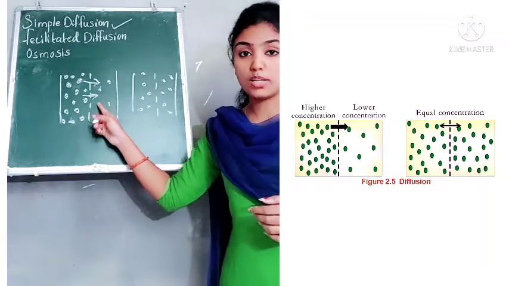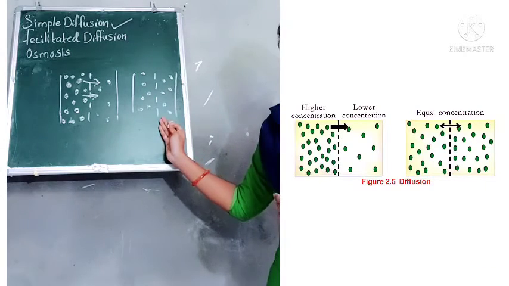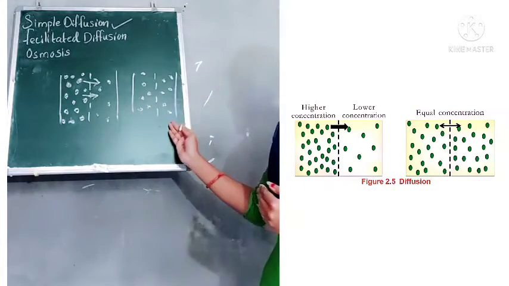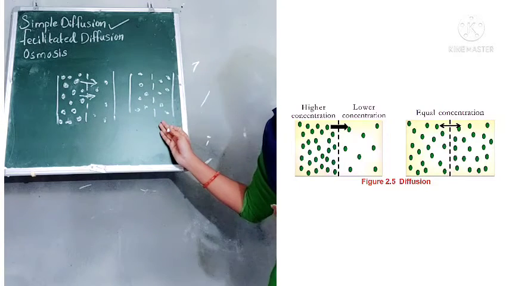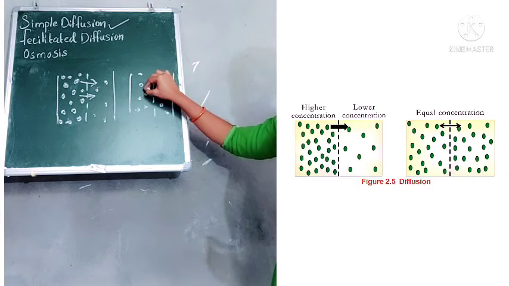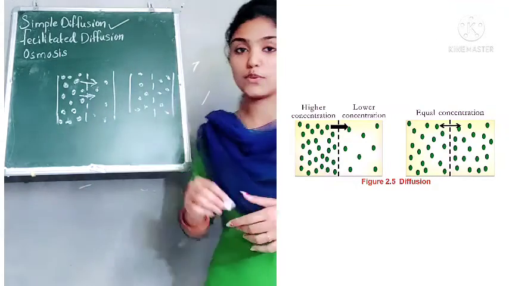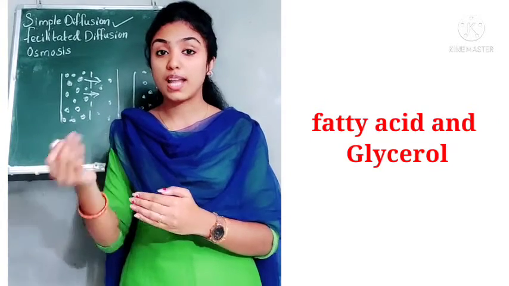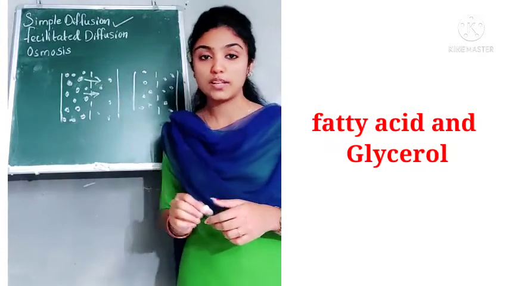The movement of molecules in simple diffusion stops when equilibrium occurs. Equilibrium means the same number of molecules in both regions. The absorption of glycerol and fatty acid into the lacteal takes place by this method, simple diffusion.